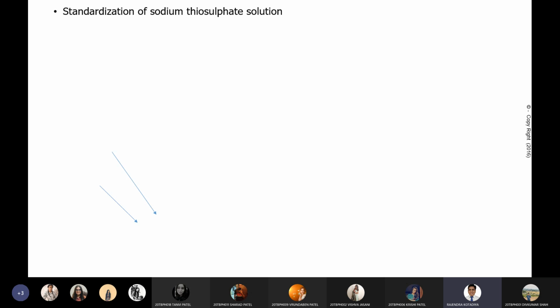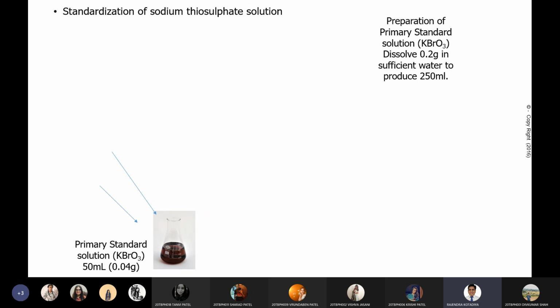Now just look at the procedure first, then we will discuss its principle. Okay, look carefully here. Regarding the standardization of sodium thiosulphate, we have made the solution. For standardization, we require a primary standard, and the primary standard for this case is potassium bromate.